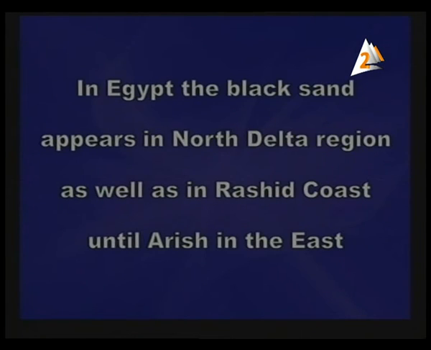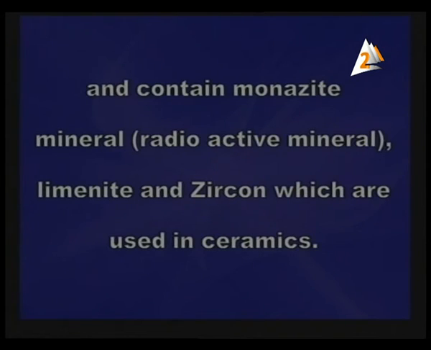In Egypt, the black sand appears in North Delta regions as well as in Rashid Coast until El Arish in the east, and contains monazite minerals, which sometimes contain radioactive minerals, limonite, and zircon, which are used in ceramics.